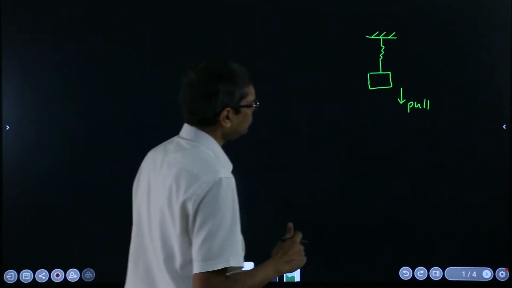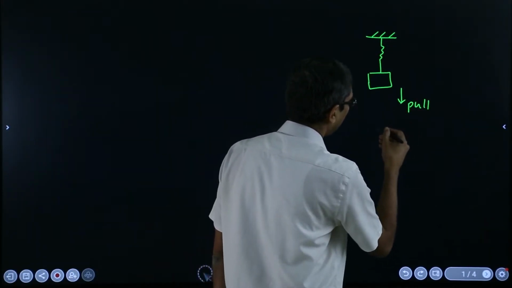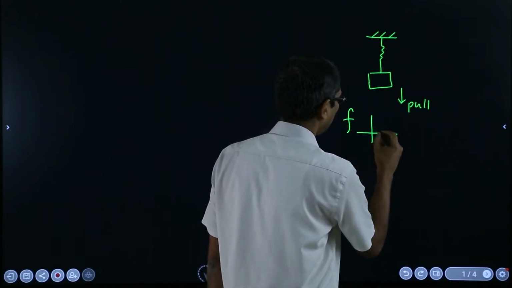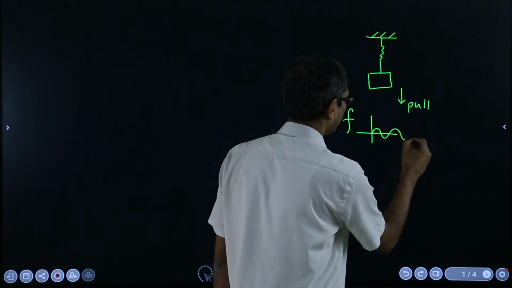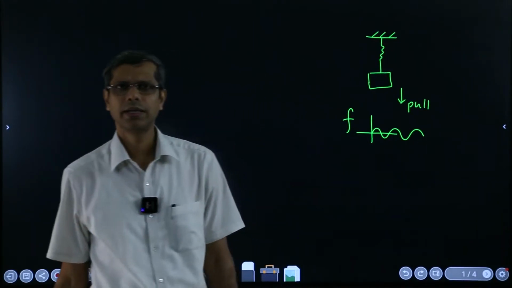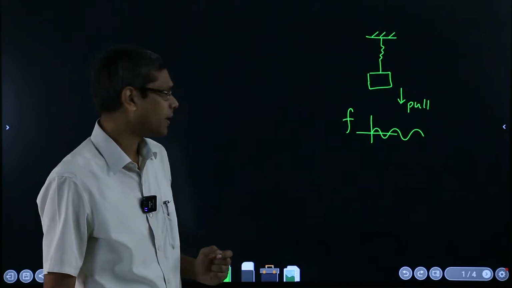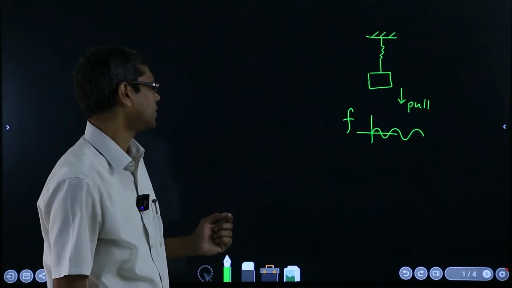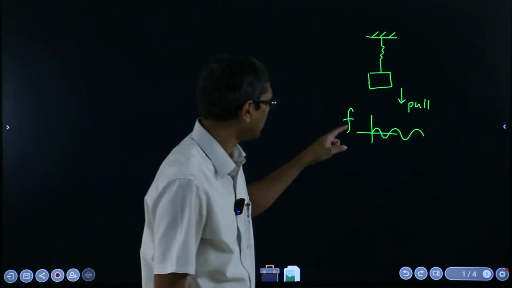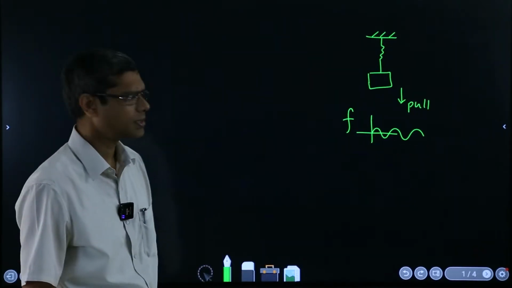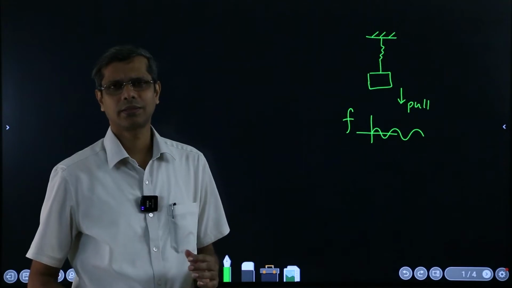But then when you go to the next level of complexity, where you apply the force function as a sinusoid, a sinusoidal forcing function, then again if you mention the frequency or the time period at which you are oscillating the system, more or less things are set.